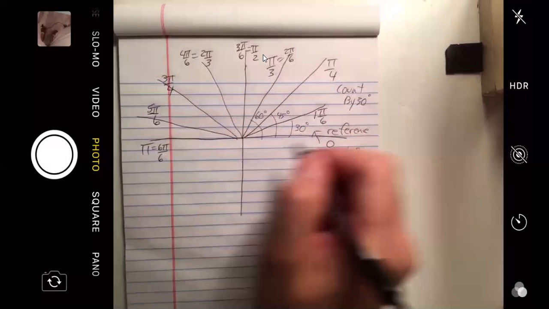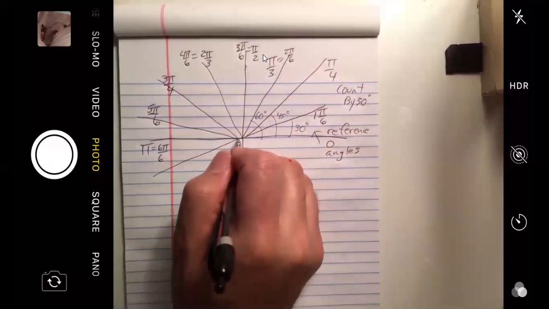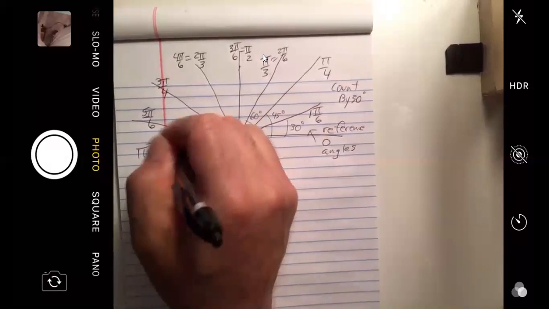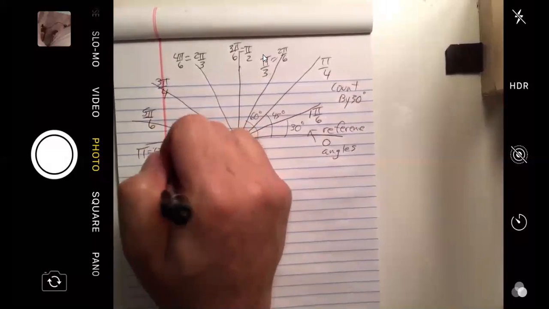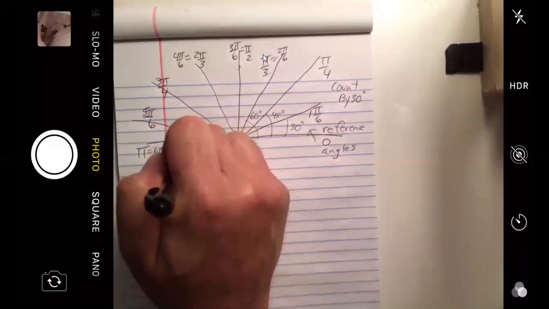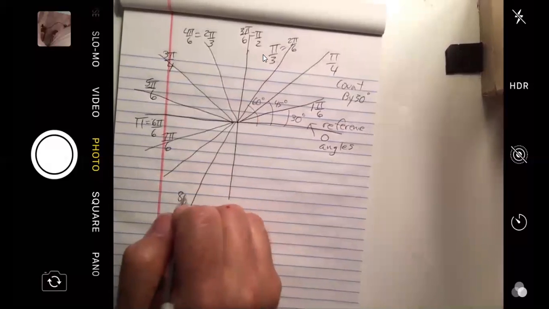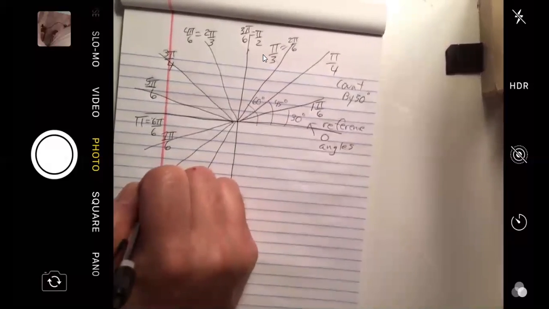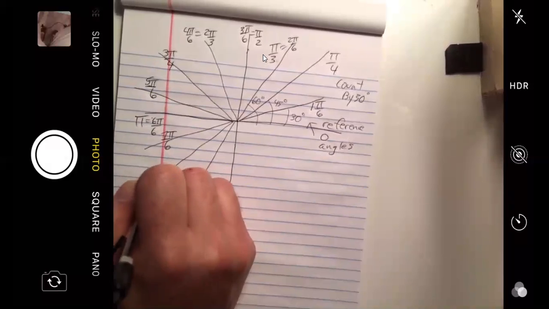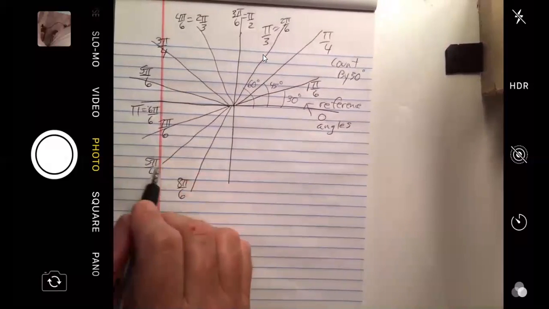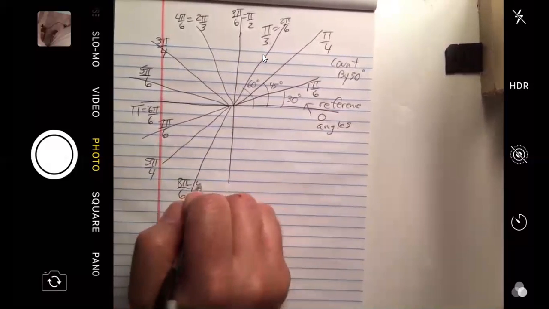Okay, well, you got the same thing in the other two quadrants. 30 degrees down, let's see here, 5 pi over 6, 6 pi over 6, 7 pi over 6. You're at 8 pi over 6 here, because remember this was 5 pi over 4, 4 pi over 4, 5 pi over 4. 8 pi over 6 reduces to 4 pi over 3.